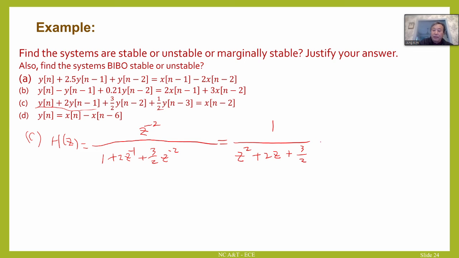Okay, so it depends on this. What happened to the 1 over 2 y of n minus 3? Oh, I forgot that. Okay, thank you very much. Okay, 1 over 2. That's a very good catch.